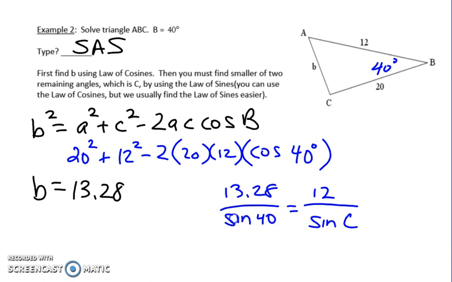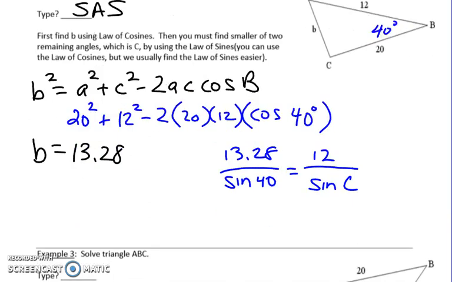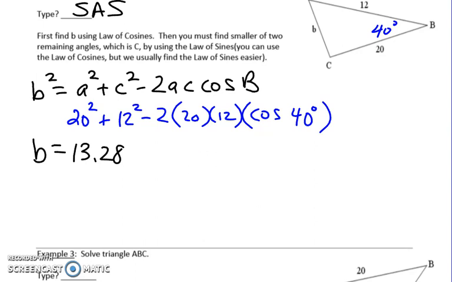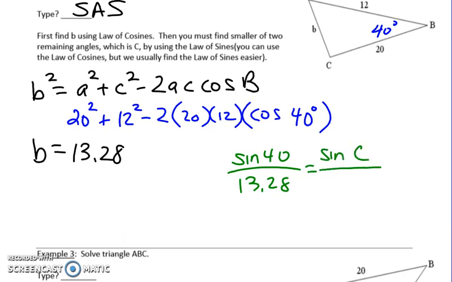Now remember, we can write this the other way to make it easier to understand. Since we're looking for the angles, we can put that on top and say the sine of 40 over 13.28 is equal to the sine of C over 12.